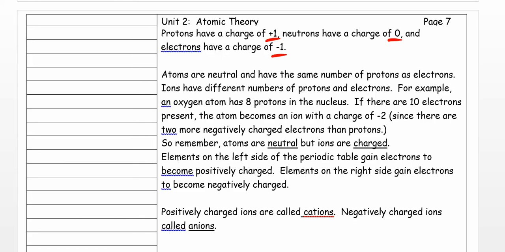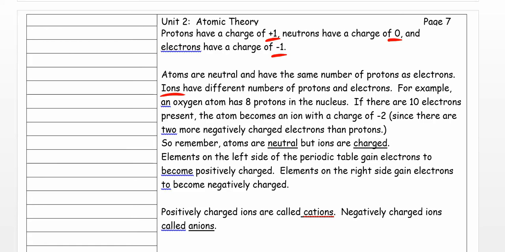Ions, on the other hand, have different numbers of protons and electrons. For example, an oxygen atom has 8 protons in the nucleus. If there are 10 electrons present, the atom has a charge, it's an ion, first of all, and it has a charge of -2, since there are 2 more negatively charged electrons than protons. So remember, atoms are neutral, but ions are charged.